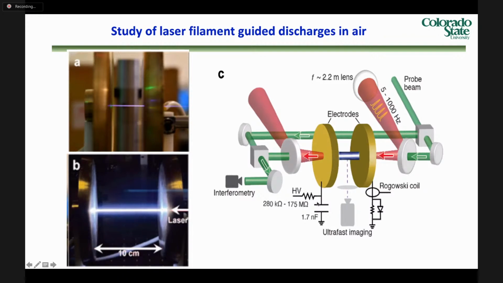We connected a capacitor charged by a high voltage power supply to one of the electrodes and grounded the other, so we can create electrical discharges like the one shown here on the bottom picture. The top picture shows the laser filament. There's no discharge here. You can see a nice fluorescent channel from the creation of the laser filament. On the bottom, what you see is a guided discharge, which is what I'm going to talk about in the rest of the talk. We use the same diagnostics: axial and grazing incidence interferometry, fluorescence imaging, and so on.